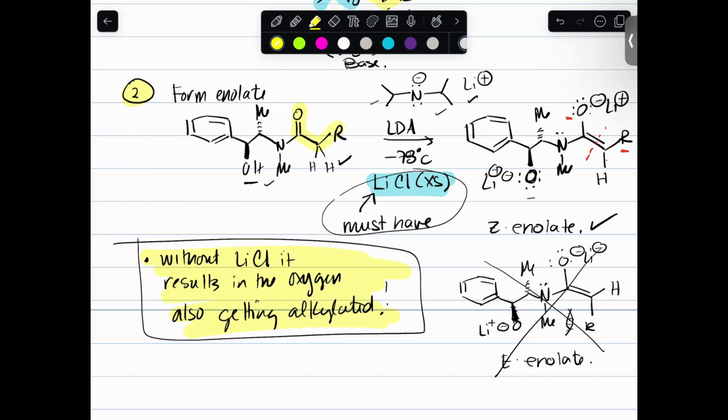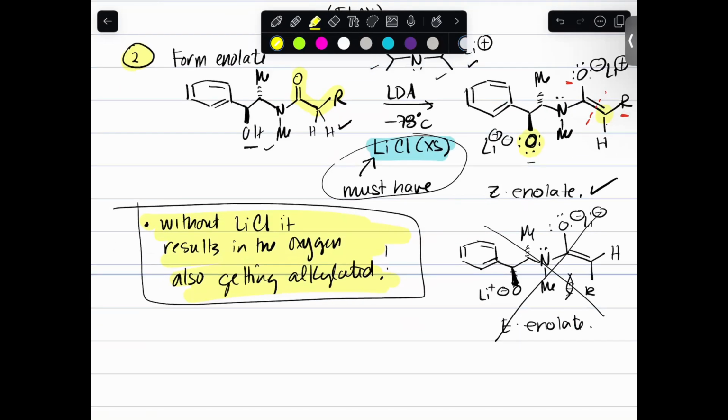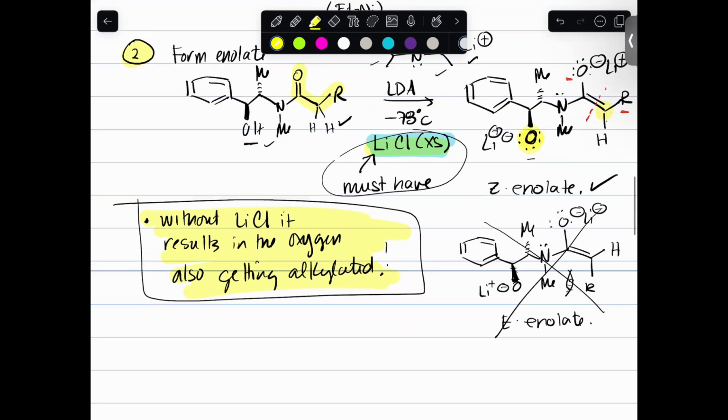Your O minus now becomes a nucleophile and it also wants to get alkylated as well, not just your alpha carbon. And so that excess lithium chloride is there to not only counterbalance your oxygen, but they think something is happening where it's forming a chelate. So what do I mean by that? So take home message, you need lithium chloride and you need an excess of it because without it, it's going to alkylate the oxygen as well. So what's happening?